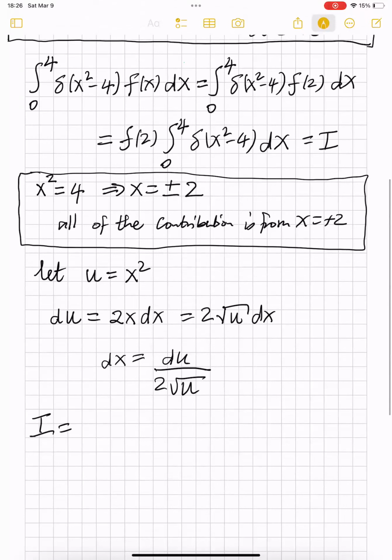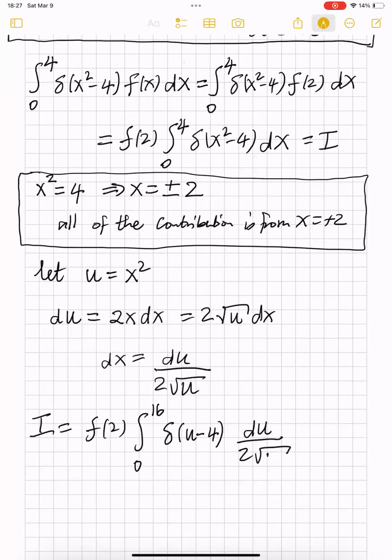Well, it's f of 2 times by an integral. When x is 0, u is 0. And when x is 4, u is 16. So it's an integral from 0 to 16. We'll have delta of u minus 4. And now instead of dx, we've got du over 2 times by the square root of u.